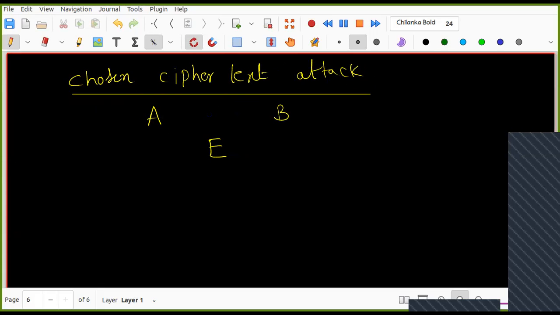For example, A and B are very confident that even if the eavesdropper gives some plain text, chosen plain text. One minute. What is it I'm talking about? Can you recall what it is? Chosen ciphertext attack.